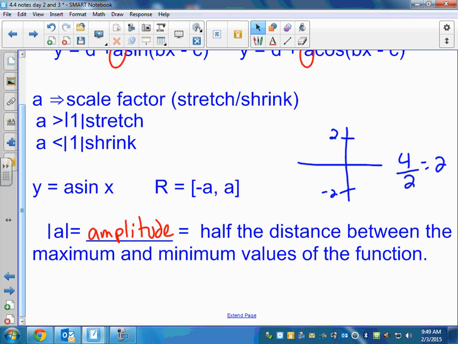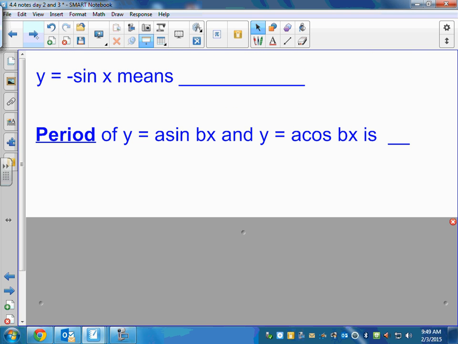Sometimes you're going to have a question that just says state the amplitude and maybe state some other stuff. So you need to know that word. Amplitude is the number that's stretching or shrinking it. What's a negative in front of your graph going to do to it? What's a negative in front of x squared do to your graph? X squared normally points up, but if we throw a negative in front, it flips it over the x-axis, right? It's a reflection in the x-axis.